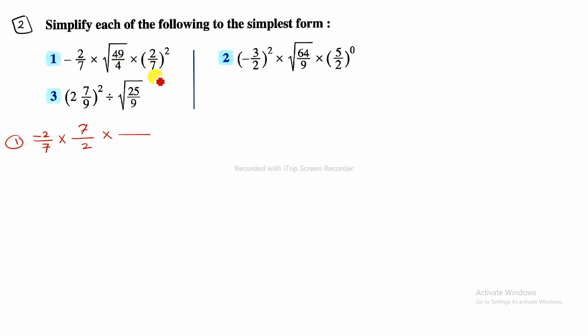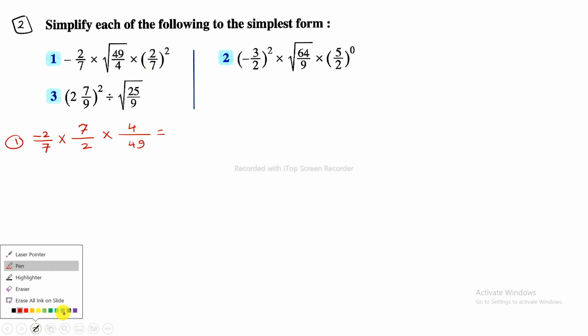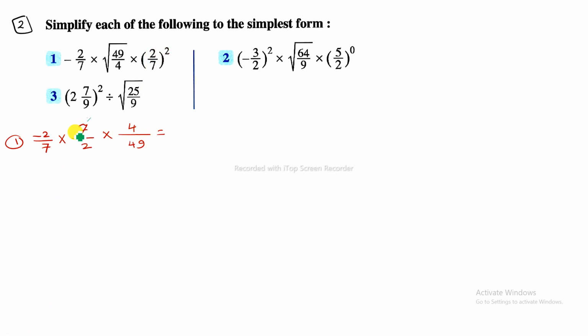Times 2 over 7 to the power of 2: 2 power 2 is 4, 7 power 2 is 49. Then we simplify. 7 divided by 7 is 1, and 2 divided by 2 is 1. Then negative times positive times positive. Negative 1 times 1 times 4 is 4 over 1 times 1 times 49 is equal to 49.